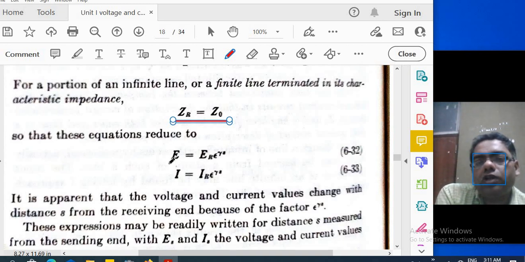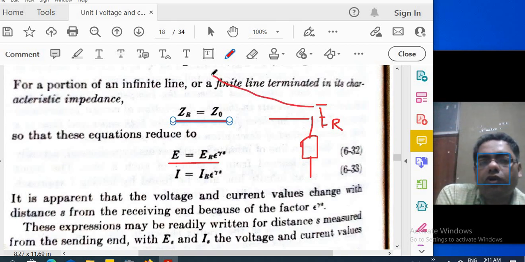So what does this expression indicate? At the load end you have the value ER, because ER is the voltage at the load end. If you go away from it, the voltage will keep on increasing.